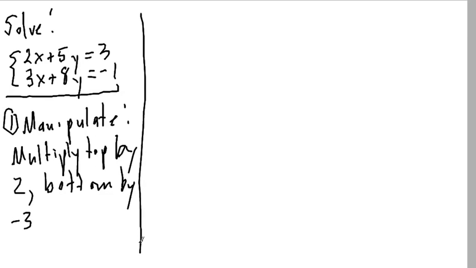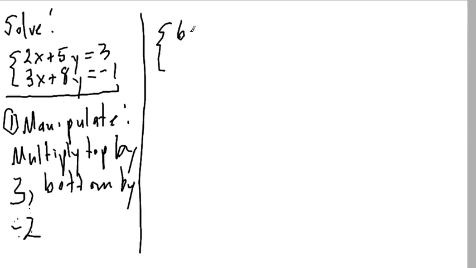And what does that give us? Excuse me, I meant to multiply the top by 3, and the bottom we are multiplying by, instead of -3, we're going to multiply that by -2. Okay, that's what I meant.